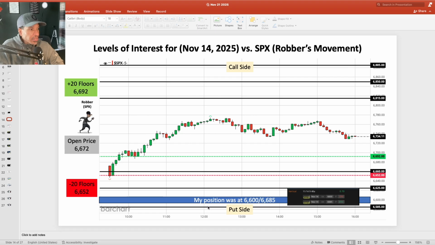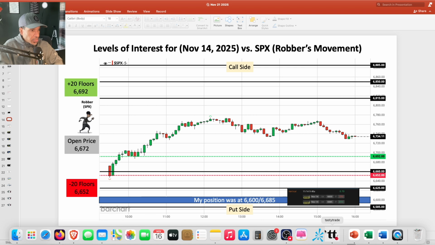And so I like to place my position in the initial direction in which a 20-point move has been made, because that reverse is always possible. And Friday was the epitome of that reverse. So had I gone on the call side, assuming it was continuing to go to the downside, my position would have been threatened as the price of SPX continued to increase in value throughout the trading session.